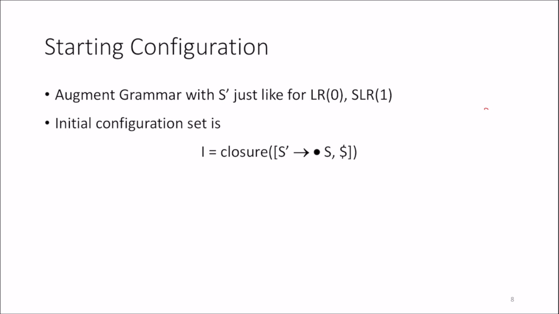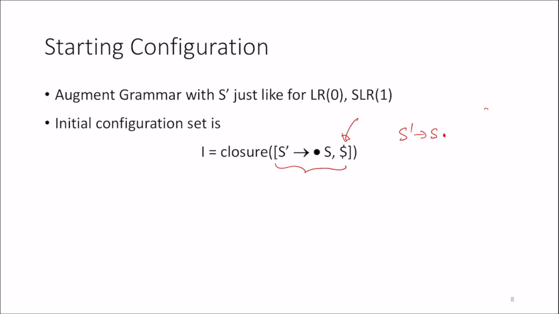So let's look at an example. In order to look at an example, we'll start with the closure of the augmented rule. So we augment the grammar with a new start symbol, S prime, just like before. And the initial configuration set is S prime goes to dot S, and the look ahead is the end of input symbol, $. Right? So we know that when do I want to reduce S prime goes to S?